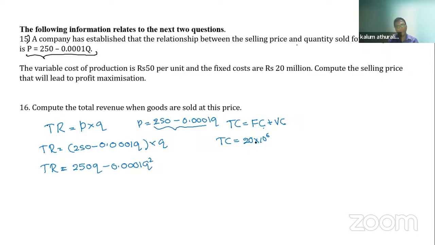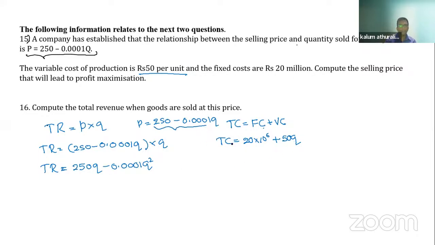Plus VC. Here we know the unit variable cost is 50. Then total variable cost is 50 times Q, where Q is the number of produced units.